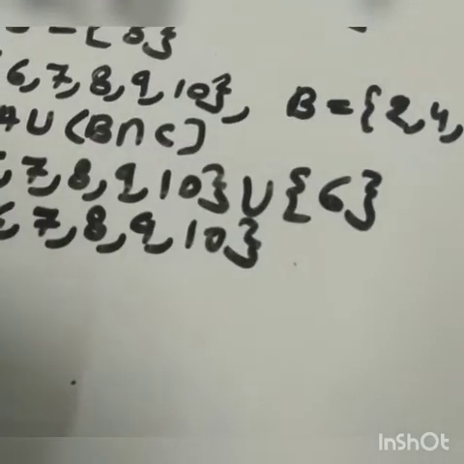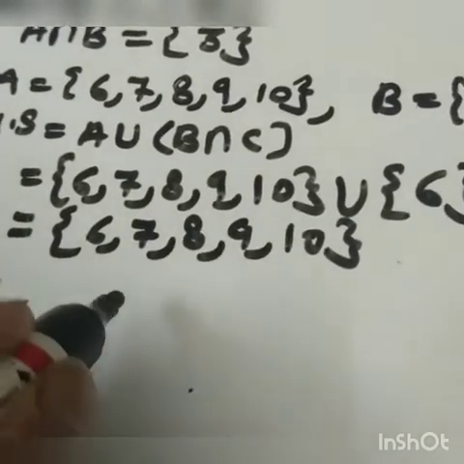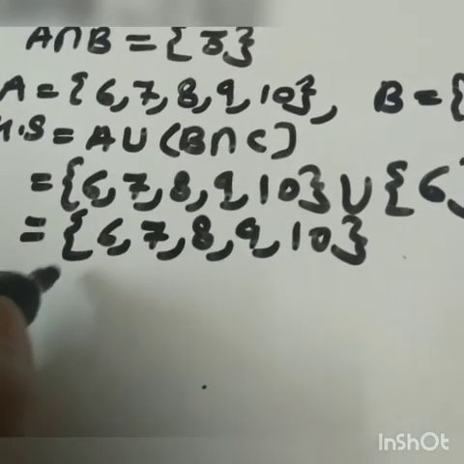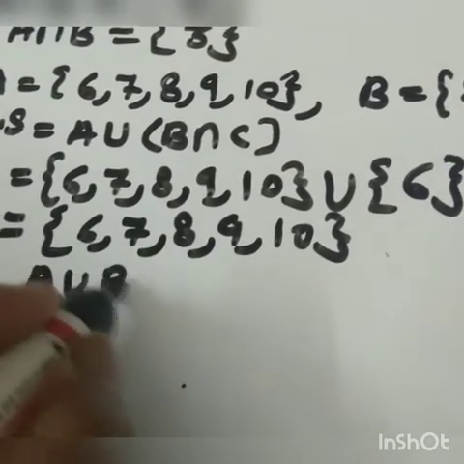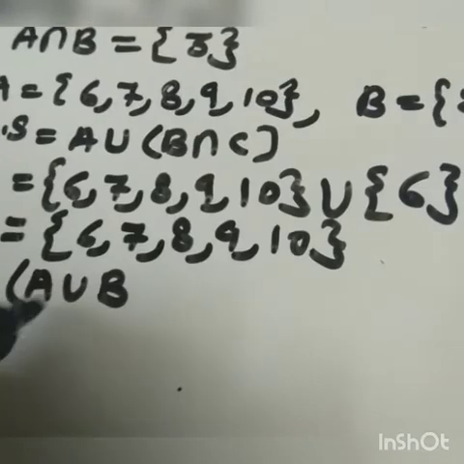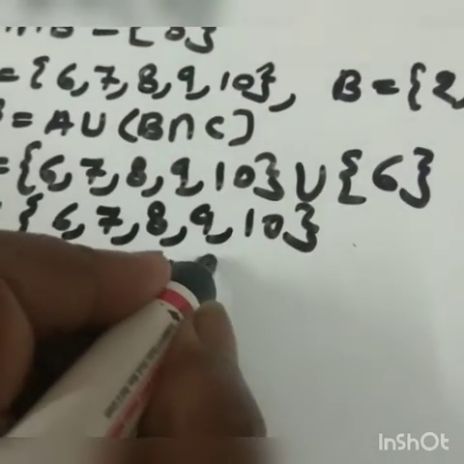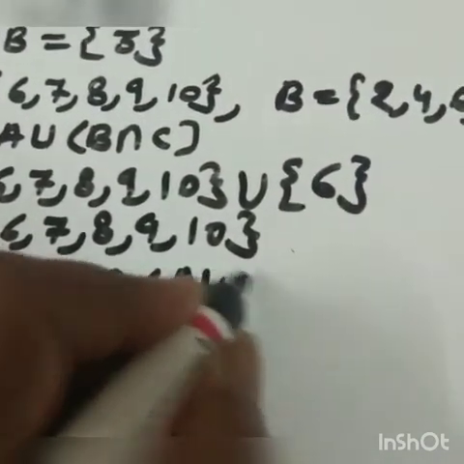Now the right hand side we will try to prove. Right hand side is (A union B) intersection (A union C).